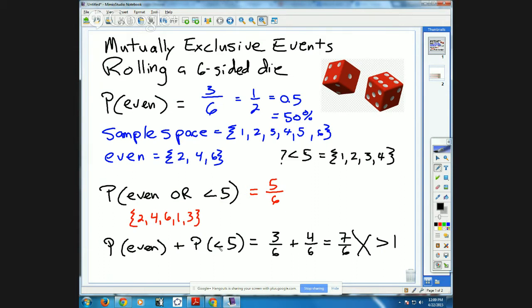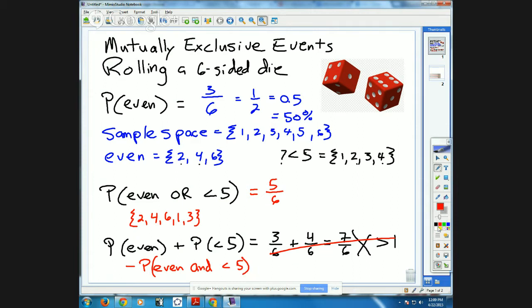The problem is we double counted some numbers here. We double counted the 2 and the 4 in both of these. I can only count them once. So to adjust for that, we subtract what they have in common, which is being even and less than 5.